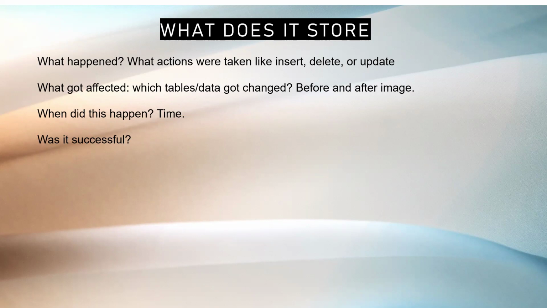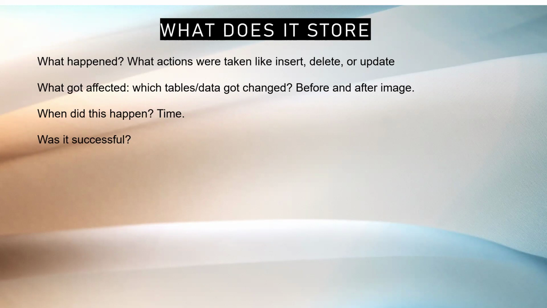So if it's an update, what was updated? What column, what rows were updated? And what time did it happen? And was it successful? So I'll keep it very simple. This is what it requires. I will not talk about log sequence numbers and everything. This is just to keep it simple and give you an overview, and you can read more, and it is quite simple. So that's all it is.